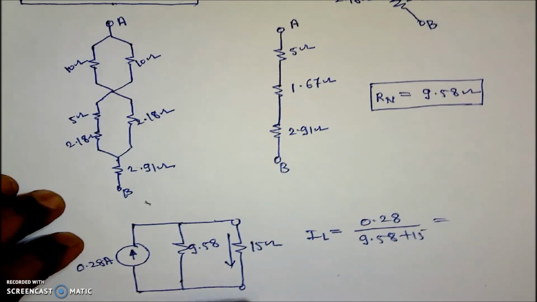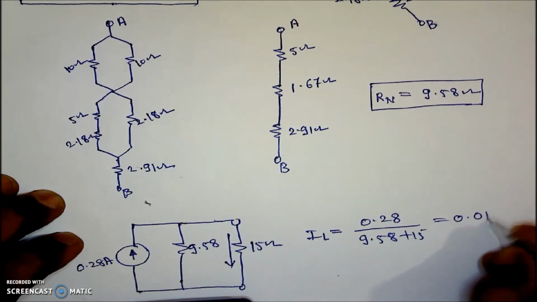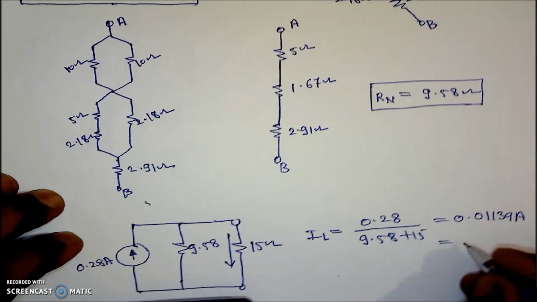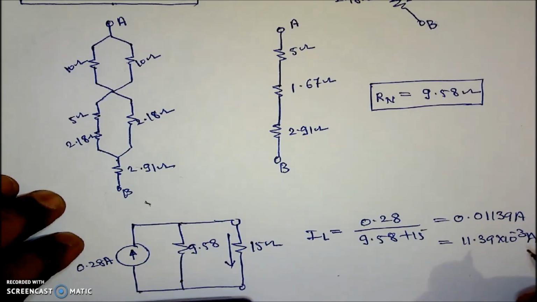If I am using the calculator for that, it is 0.28 divided by 9.58 plus 50, and its value is 0.01139 amperes. That is, 11.39 into 10 raised to the power of minus 3 amperes is the value of the load current.